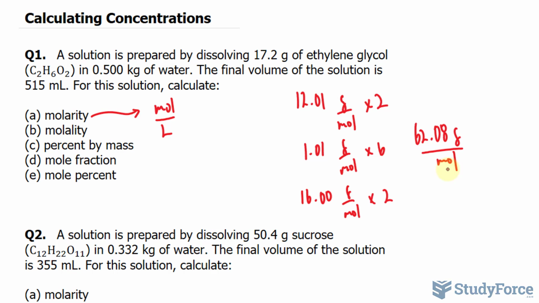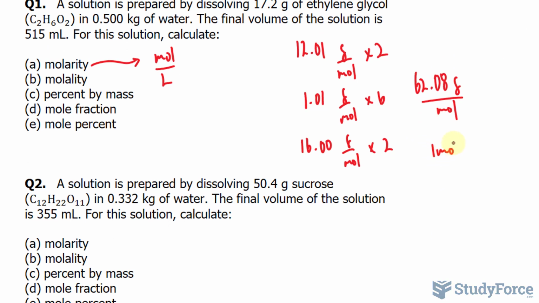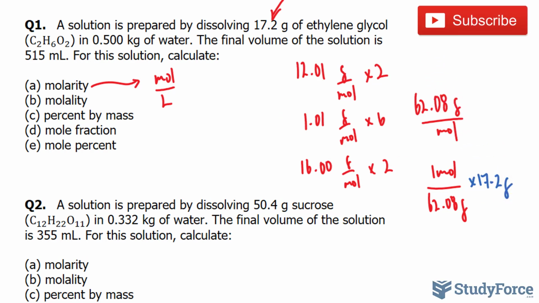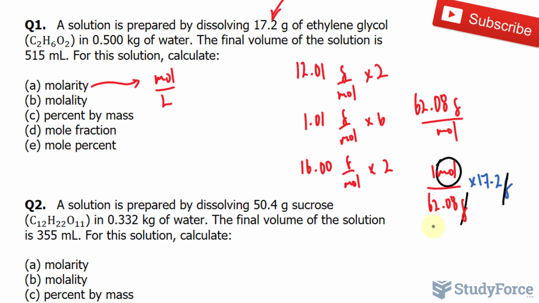What we can do next is use this ratio, this fraction, reciprocate it, and multiply it to the following number. Let me show you what happens when you do that. So I'm going to go ahead and reciprocate that, where I have 1 mole at the top and 62.08 grams at the bottom. I'll multiply this number by 17.2 grams. This unit and this unit will cancel out, leaving us with only moles.